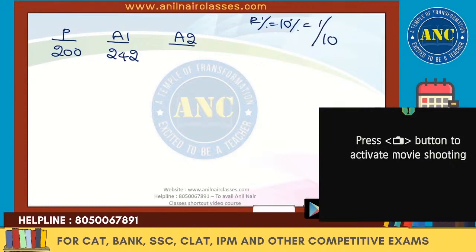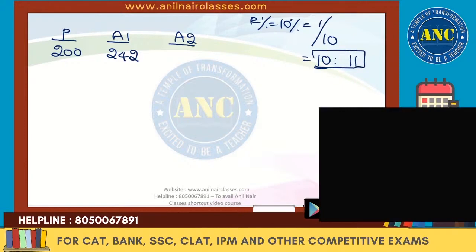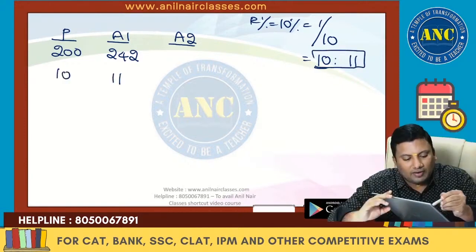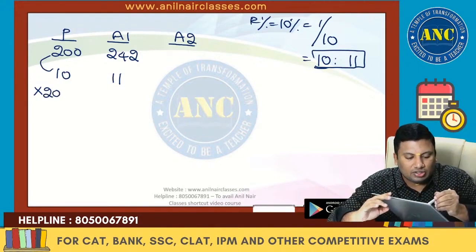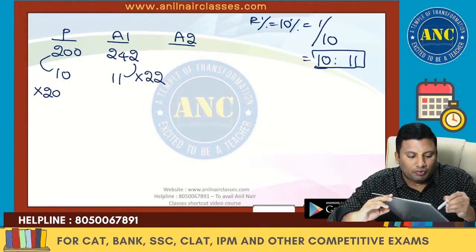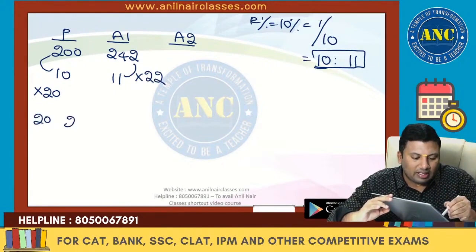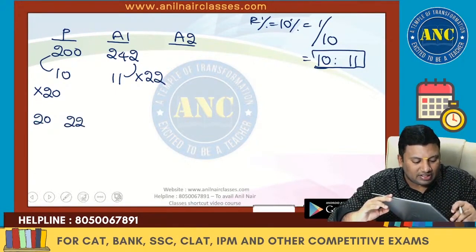Now if you see here, the initial value is 10, the final value is 10 plus 1, 11. The ratio that should be maintained is nothing but 10 is to 11. 10 twenties are 200, right? 10 is to 11, so this is nothing but 11 twenties, 2s are 242. Why? Because 20 and 22 are, I will simplify it further.